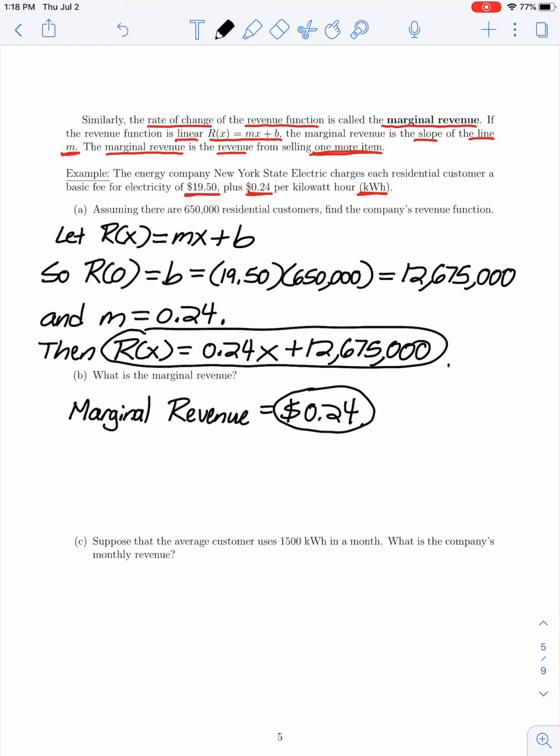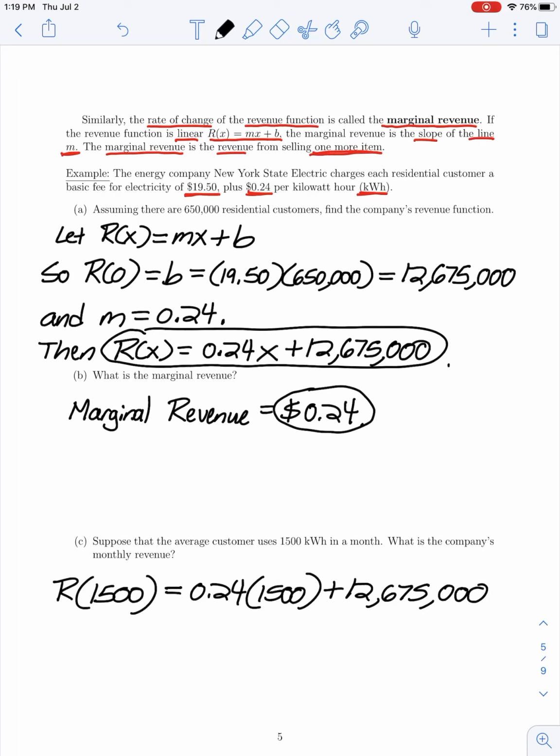So we would have for our total revenue, if we're using 1,500 kilowatt hours, our marginal revenue, 0.24, times our 1,500 kilowatt hours used, plus the 12,675,000, which leaves us with a total of 12,675,360.